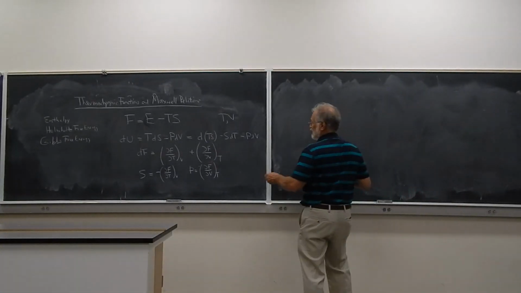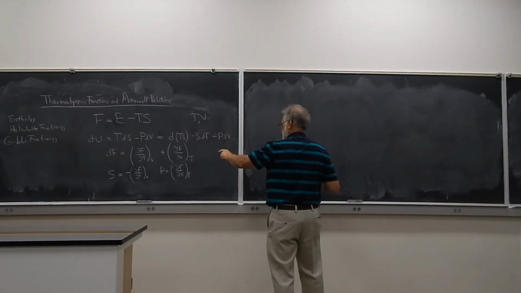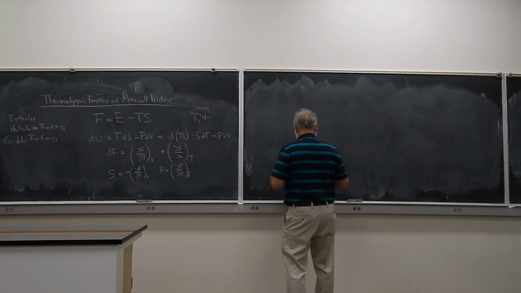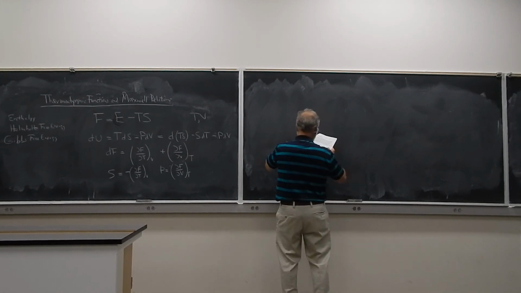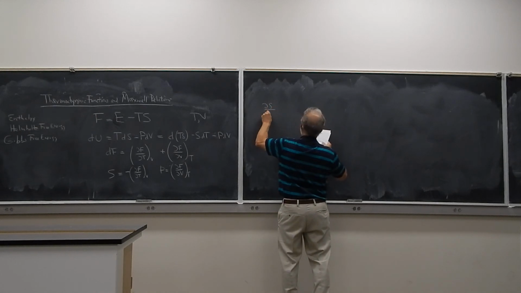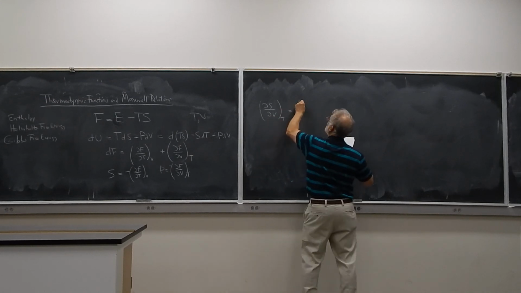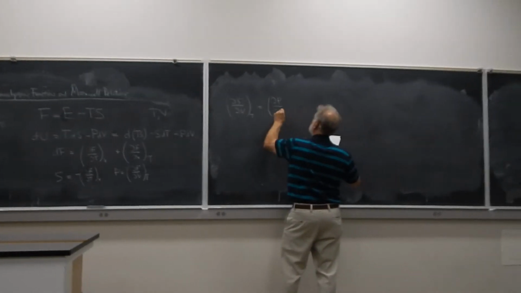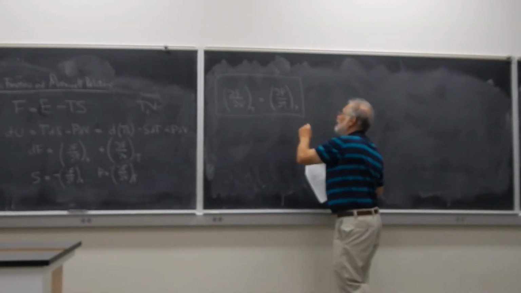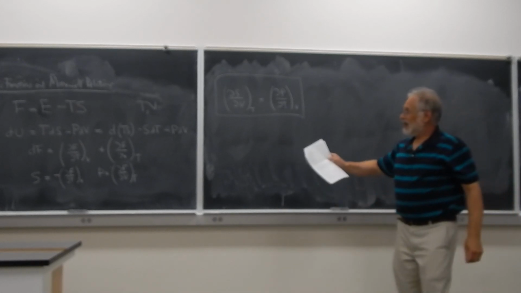If I take the derivative of the first term with respect to V, holding T constant, take the derivative of the second term with respect to T, holding V constant, I'm going to get that dS/dV at constant T is equal to dP/dT at constant V. So that is the Maxwell relation that I am able to derive from using the Helmholtz free energy.